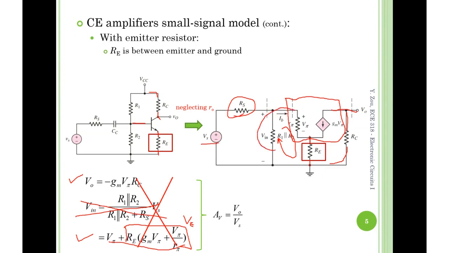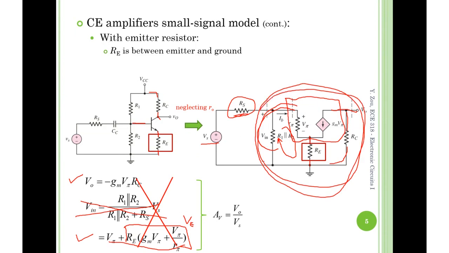Not R1 parallel with R2, and not R1 parallel with R2 and R pi plus RE either. RS is sharing VS with the entire thing here. Does it make sense?